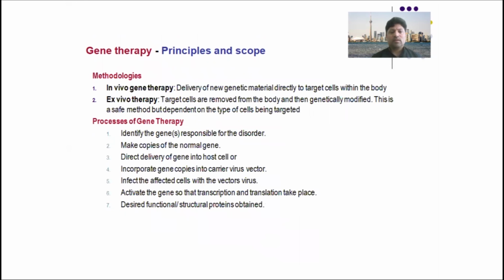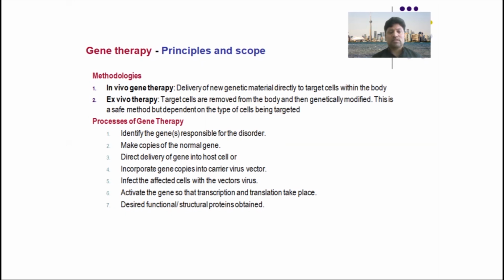In gene therapy there are two main methodologies: in vivo gene therapy and ex vivo gene therapy. In vivo gene therapy is the delivery of new genetic material directly into the targeted cell within the body. In ex vivo gene therapy, the targeted cells are removed from the body and then genetically modified. This is a safe method, but dependent on the type of cell being targeted.